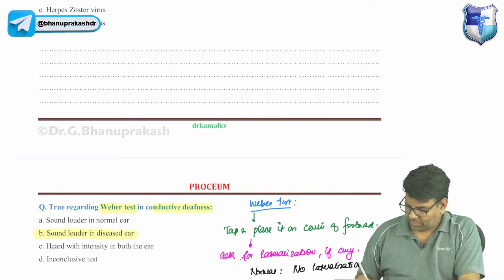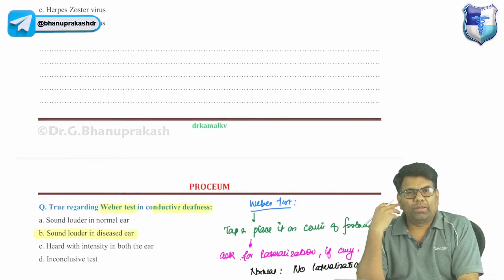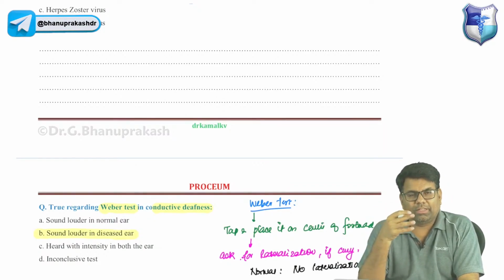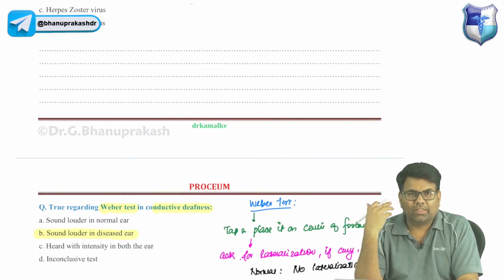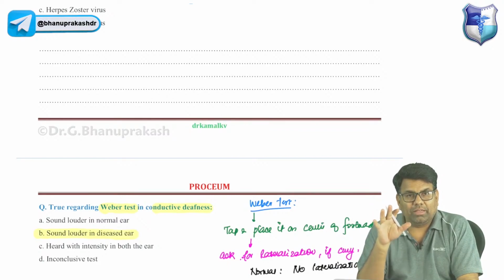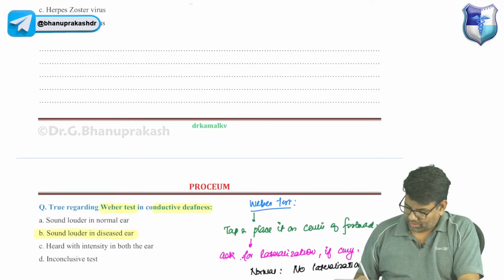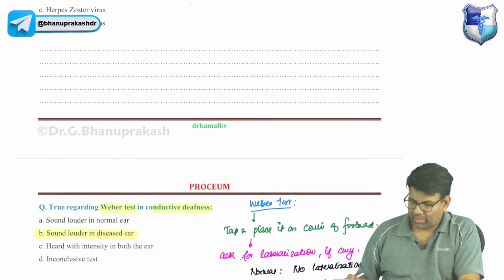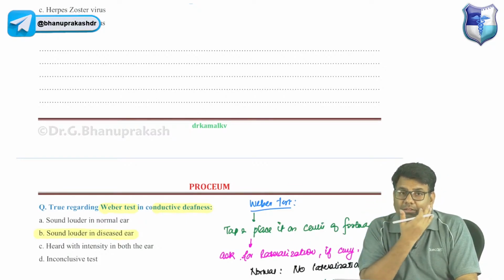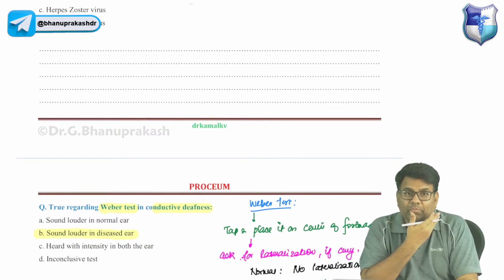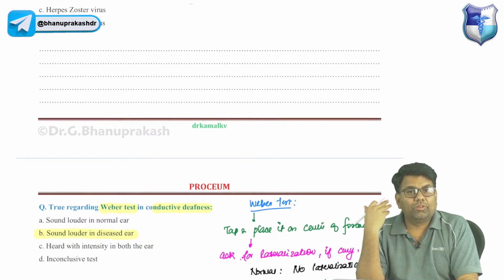It should be heard equally in both ears. But suppose the patient is having a problem in the right ear, and when you do the Weber test, the lateralization is towards the diseased ear, then you can say that on the right side there is conductive hearing loss. If the patient is complaining of a problem in the right ear and you find that lateralization is going to the left side, it means there is sensorineural hearing loss in the right ear.